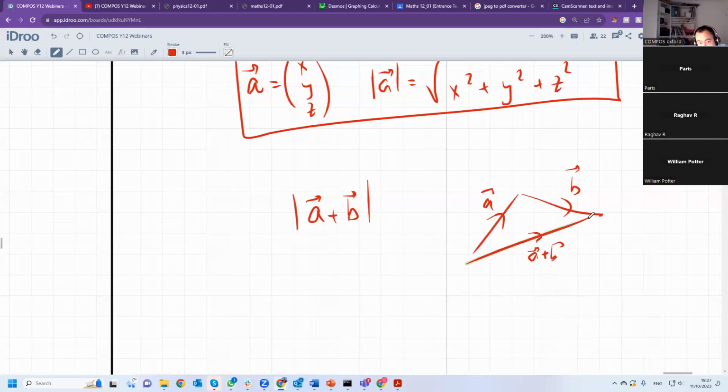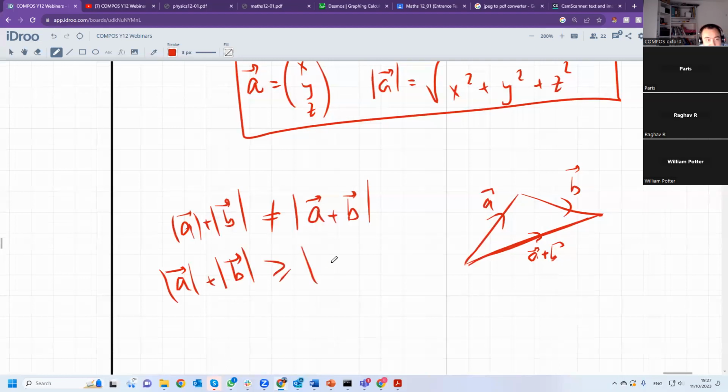So it's the length of this vector. It's not the same as modulus of A plus modulus of B. In fact, modulus of A plus modulus of B is always greater than or equal to modulus of A plus B. This is known as the triangle inequality.